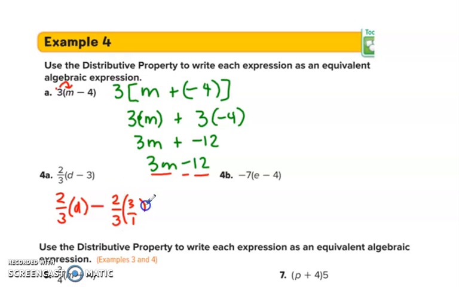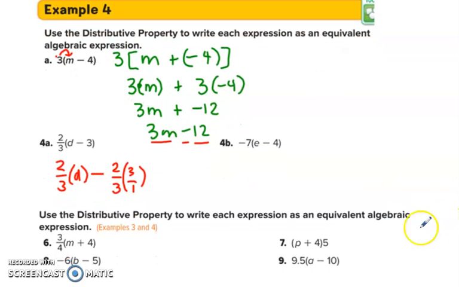And I'm going to put 3 over 1 because we got to go ahead and clean it up like that. And, boy, I wish I would have left some more room here. You get 2/3 d. And then I can do some canceling out here, and I get a minus 2. 2/3 times 3 is going to be just 2. So that's the equivalent expression for that one. Okay.